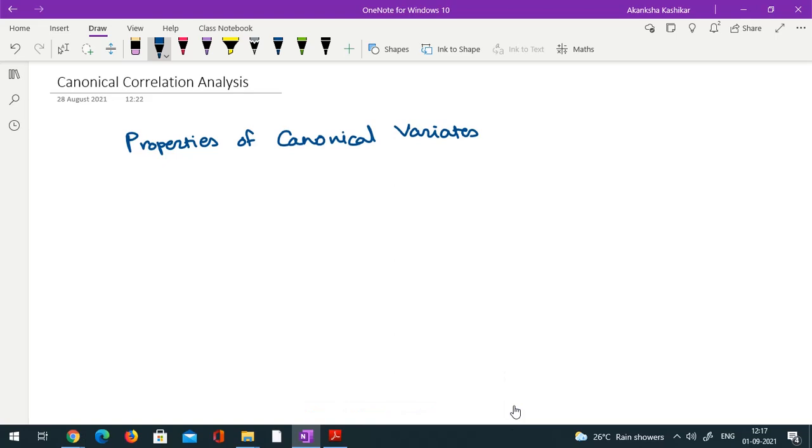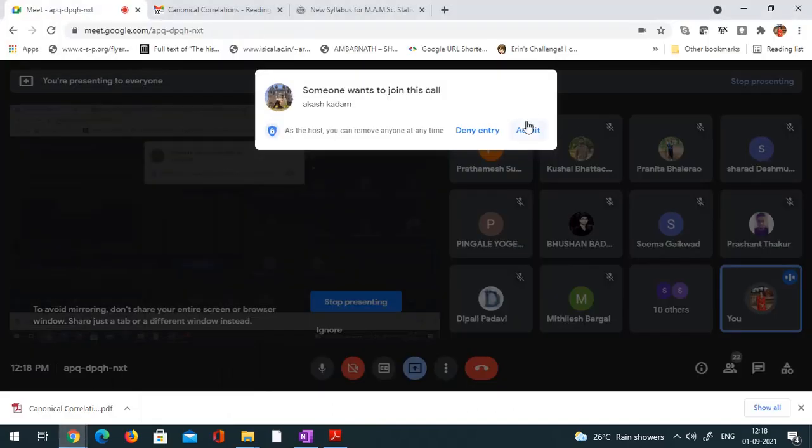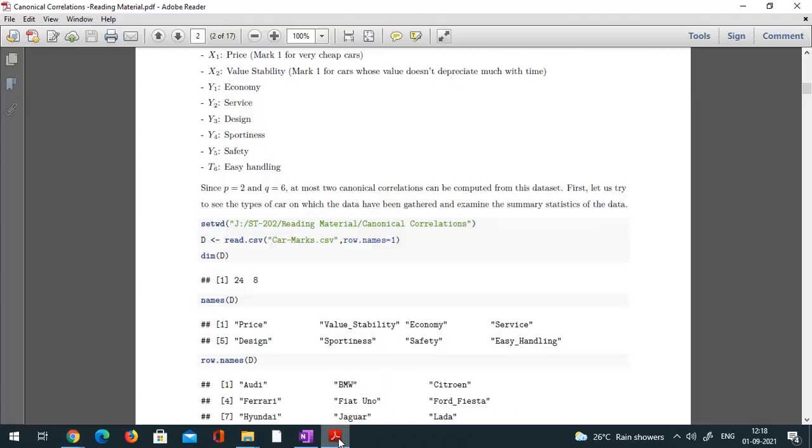So the coefficients of linear combinations, we say that alpha prime x and beta prime y are such that the correlation between alpha prime x and beta prime y is the canonical correlation. Okay, so these alpha prime x and beta prime y are known as canonical variates.